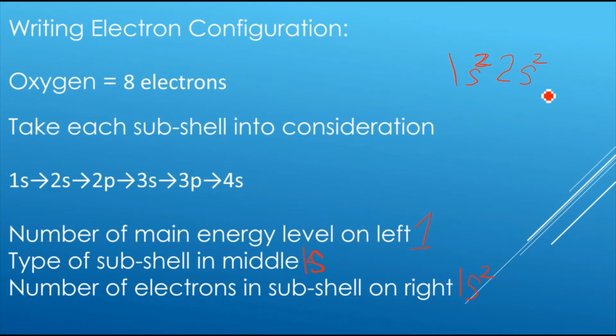So we have 4 electrons now, and we have 4 left. And then we have the 2p subshell, but the 2p subshell can hold up to 6 electrons, and we only have 4 left, so we would just write 2p4, and this would be the electron configuration of oxygen.